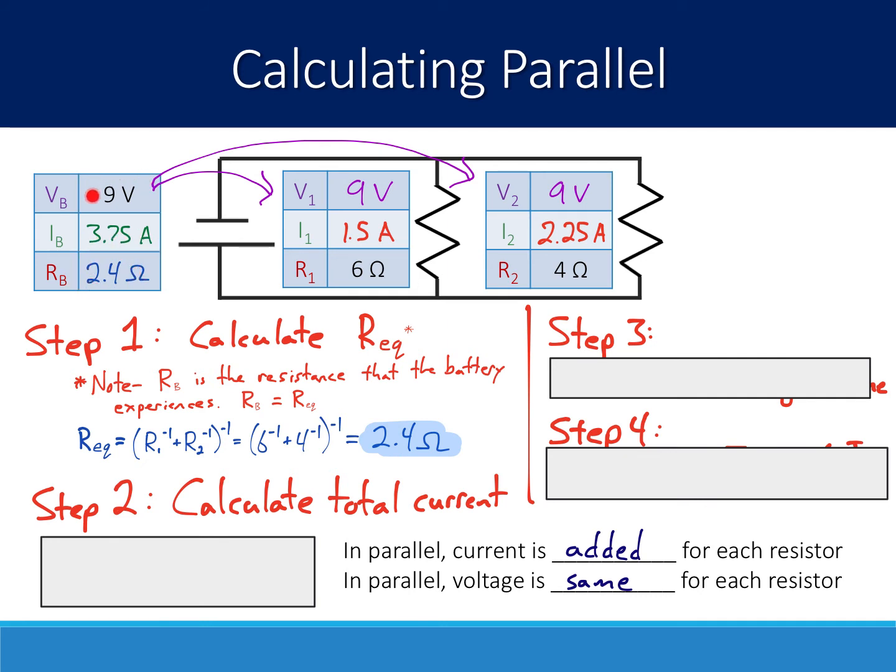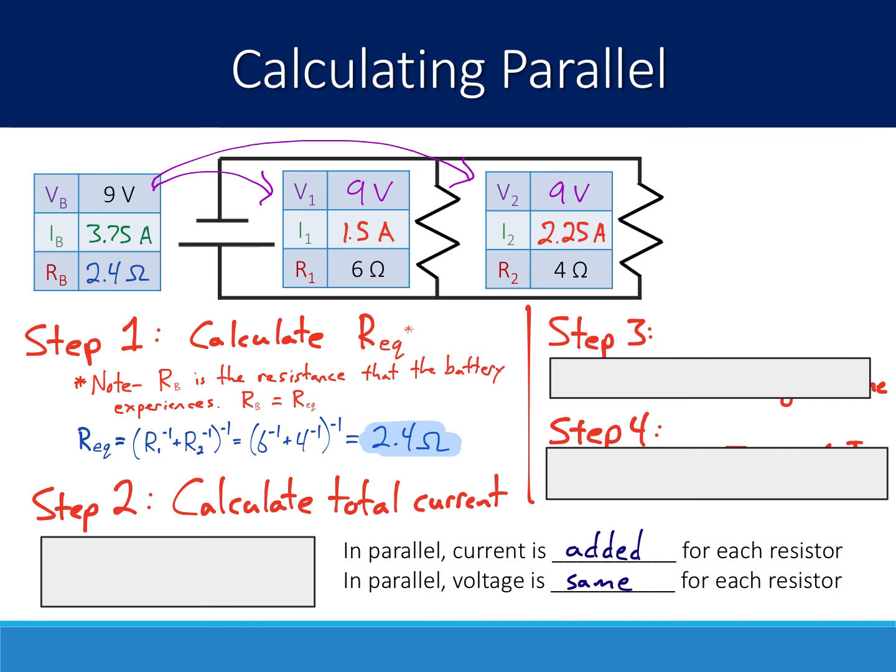If it's a 9-volt battery, the problem might tell you that, we want to find out what the current is that's leaving the battery, we'll use Ohm's law to calculate that, right? So it's going to be the 9 volts divided by the resistance will tell me what that current is. All right, in this case, it's 3.75 amps.